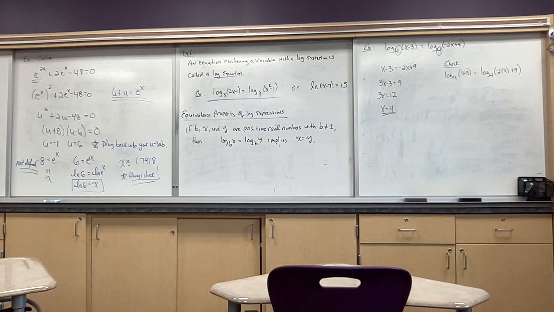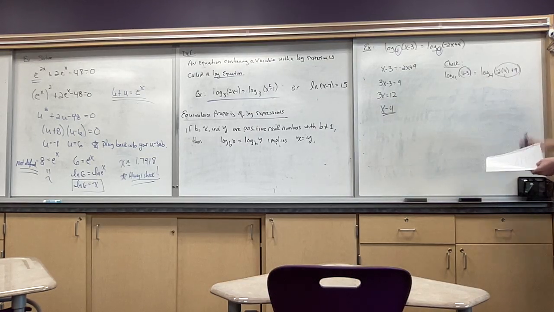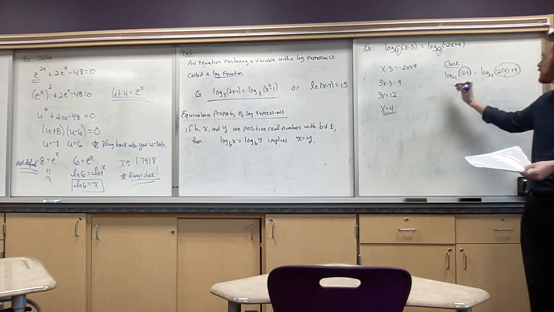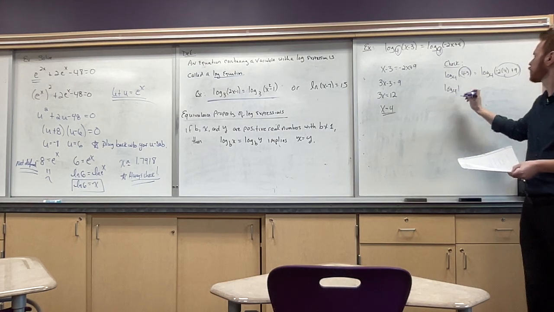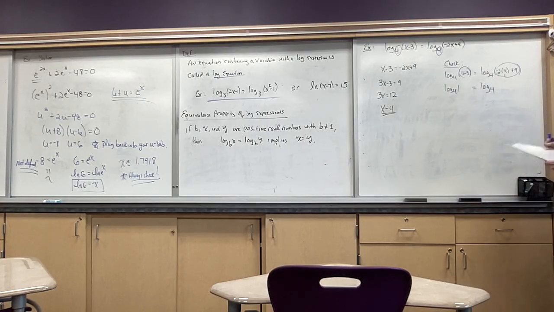Now here's the good news. You don't need to have a calculator for this, okay? The only thing you're focused on is this. Do the arguments equal each other? Because they have the same base, so that's all you have to worry about. On the left-hand side, you get log base 4 of 1. On this side, we get log base 4 of, well, that's a negative 8, plus 9 gives me 1, so I'm good. Those are the same.